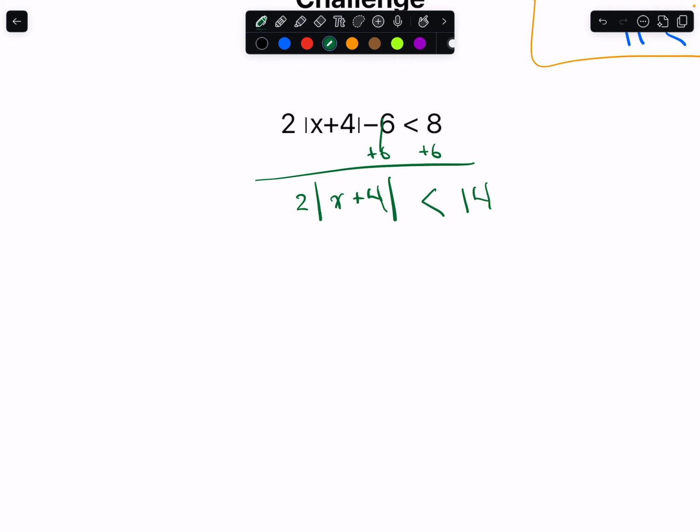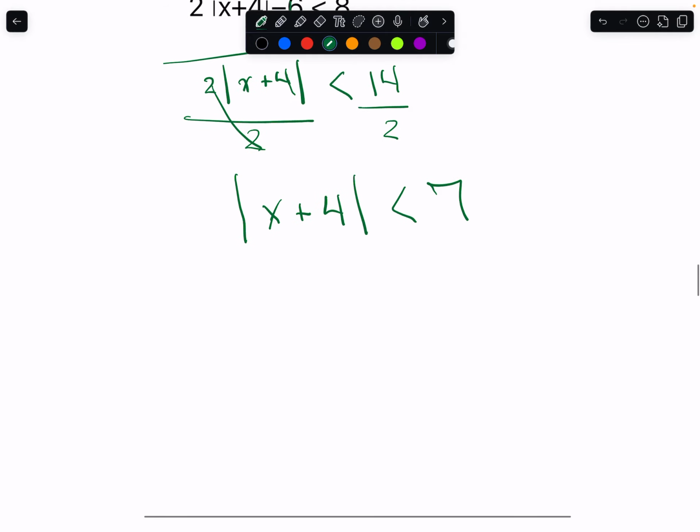But we're not done. We still have this 2 on the outside, divided by 2 on both sides. And this is our simplified version. So if you got from here, you guys will feel a little bit more confident and feel more comfortable.